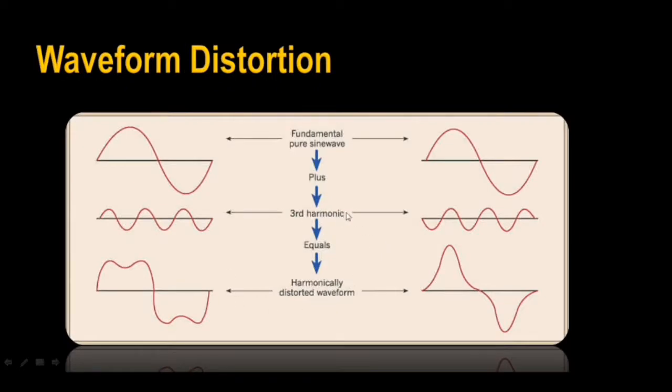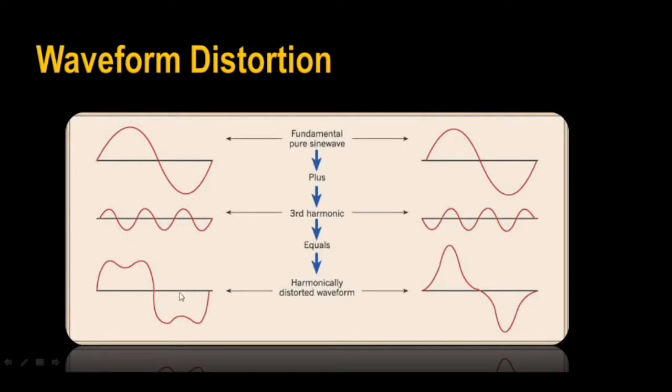Observe this slide. For your clear understanding and visualization, I am considering a waveform to explain waveform distortion in a simpler manner. This waveform is a fundamental pure sine wave, and this waveform is the third harmonic waveform.